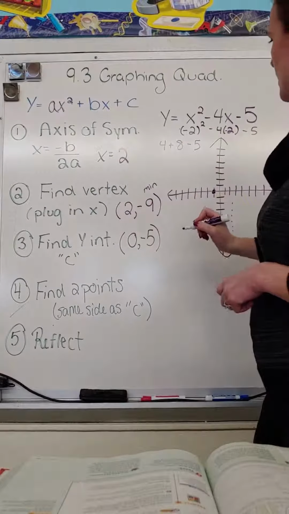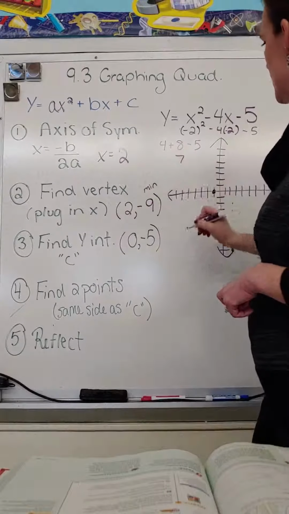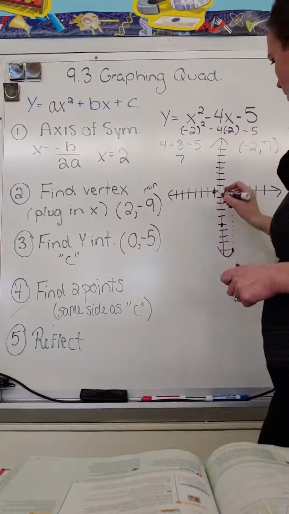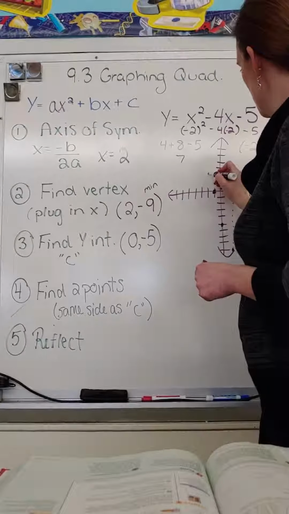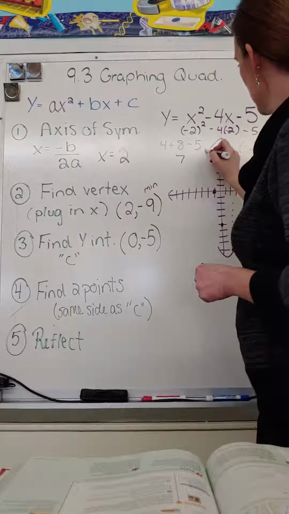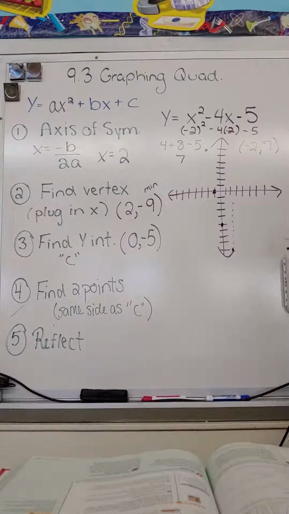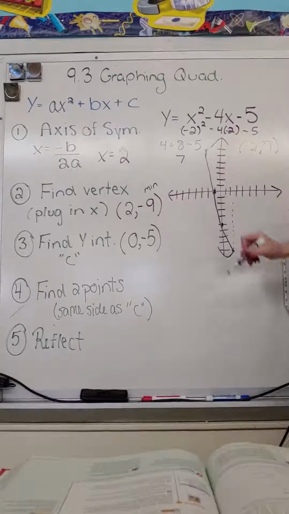So now I got 12 minus 5, I got 7. So another point is negative 2, 7. So up here. And that gives you half of your parabola.